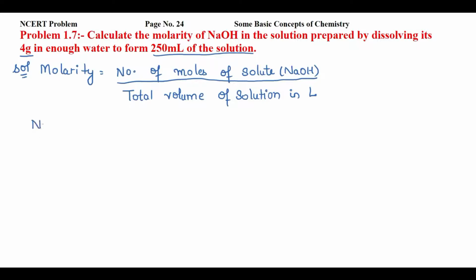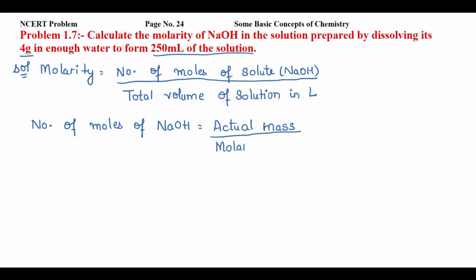So number of moles of NaOH, we can find it by the formula actual mass of NaOH over molar mass of NaOH. Now actual mass of NaOH is 4 gram. We can find the molar mass of NaOH.